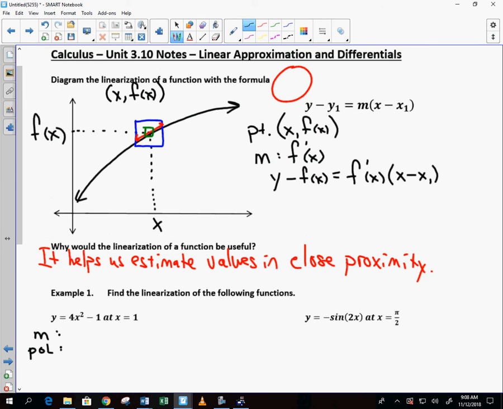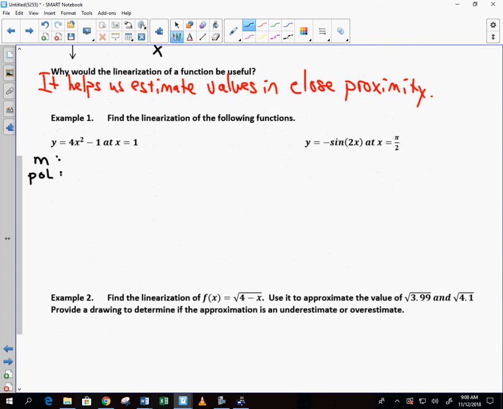So we said that the slope is f prime, yeah. Okay, so the point on the line is going to be what? 1, 3. How'd you get the 3? Plugged it in. How do I determine the slope? Take the derivative. And the derivative of 4x squared minus 1 is? Isn't it neat when we can do it so quickly? And so the slope is then 8.